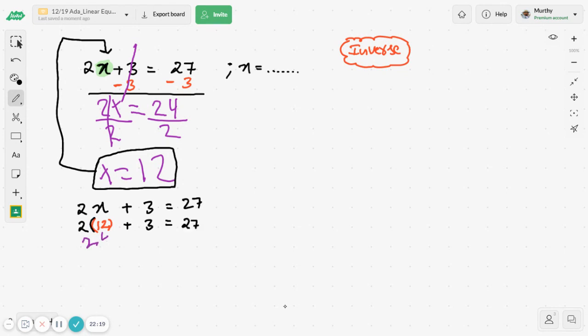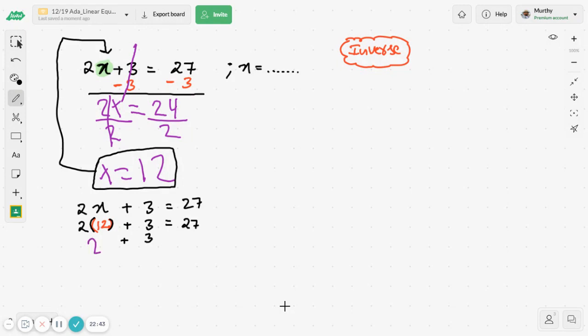Now 2 times 12, let me follow PEMDAS. Multiplication first. No, it's parentheses first. But here we don't have parentheses. I mean to say that here parentheses means multiplication. Go ahead. You are doing good.